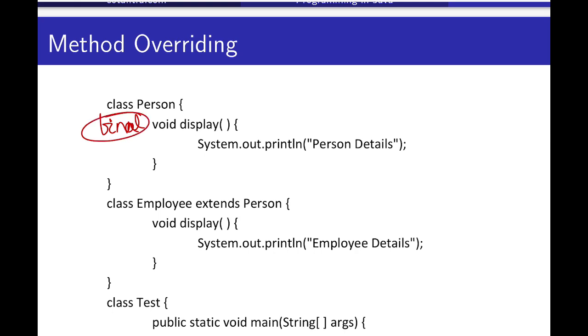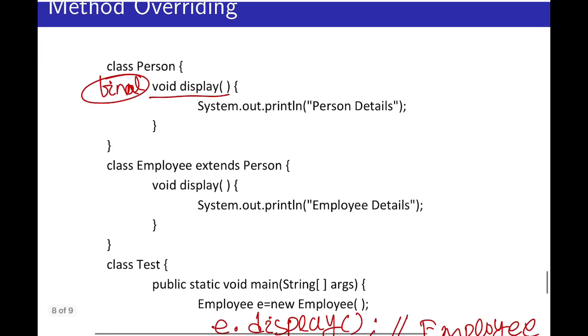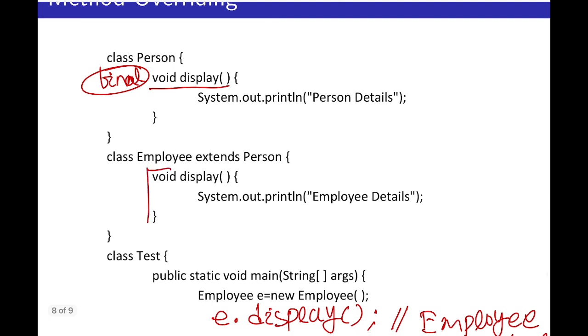So if we write final void display, then the child class employee cannot override this method display here, or the child class employee is not allowed to override the display method if we write final here. That means if we write the keyword final before a method, then that method cannot be overridden by a subclass.